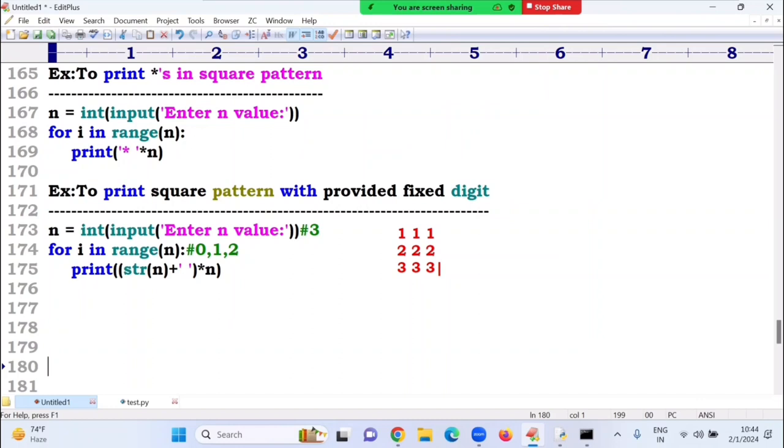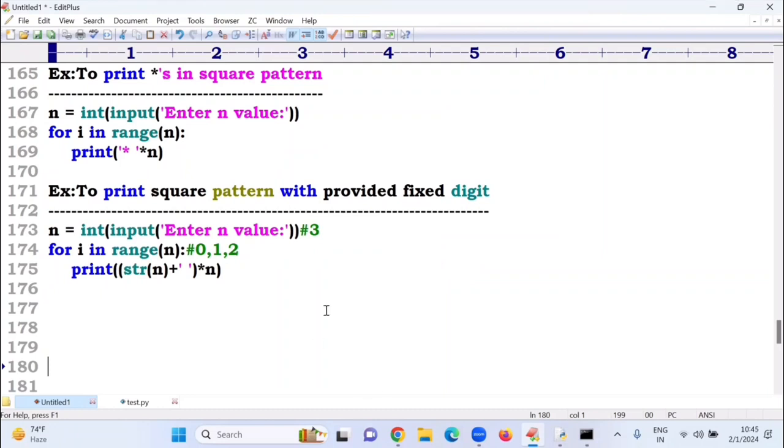1 comma n plus 1. Sir, whenever I'm given n value 3, i in range of n means what is the i value? First time 0, next time 1, next time 2. But first row, what is required? 1. Next 2, 3.